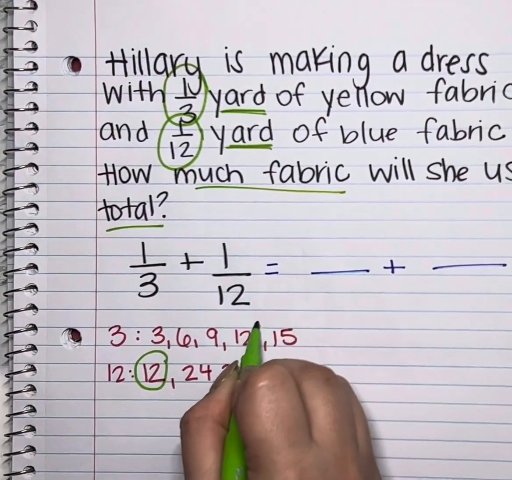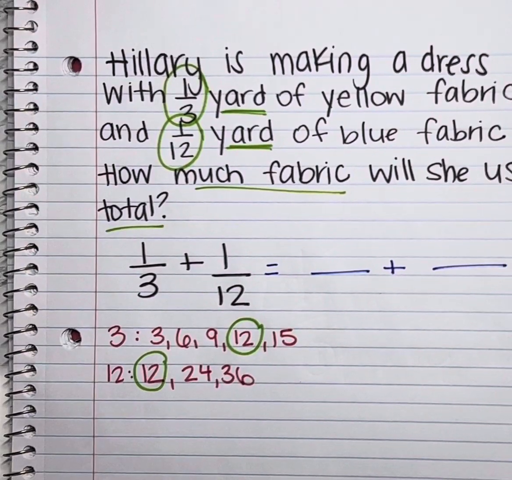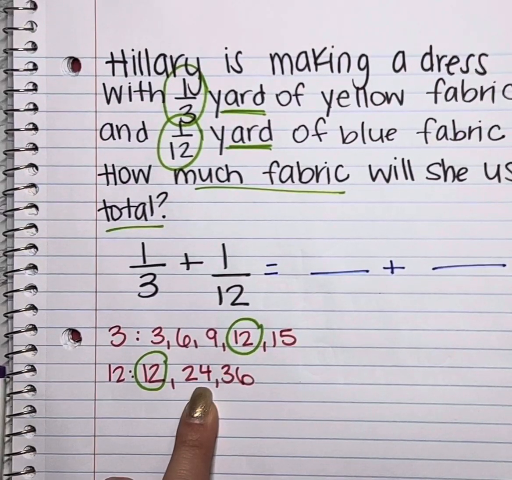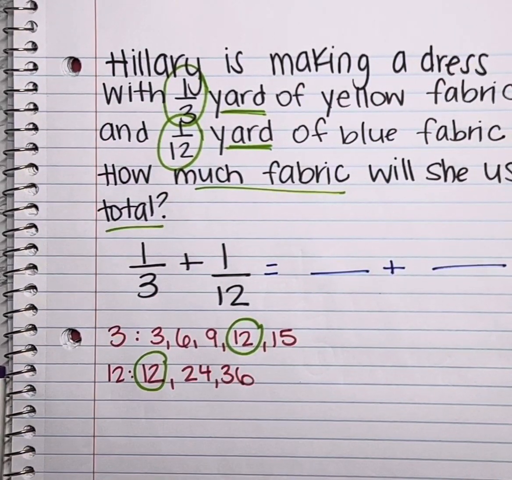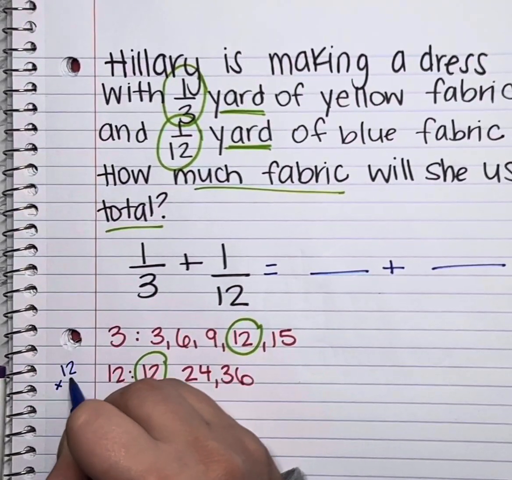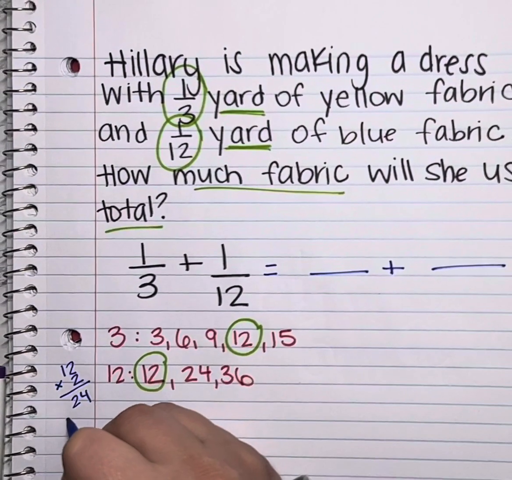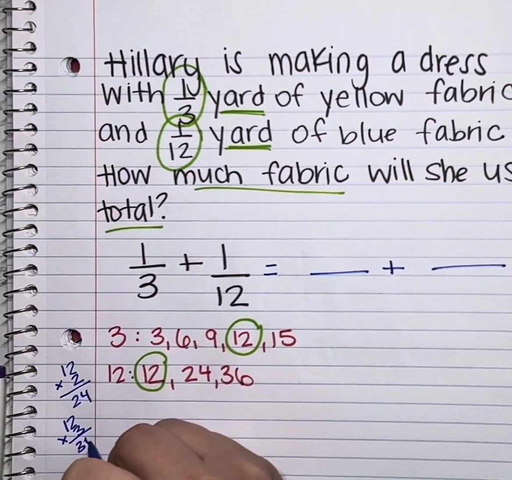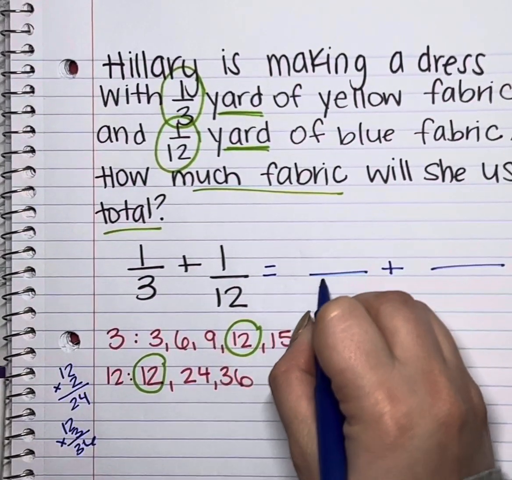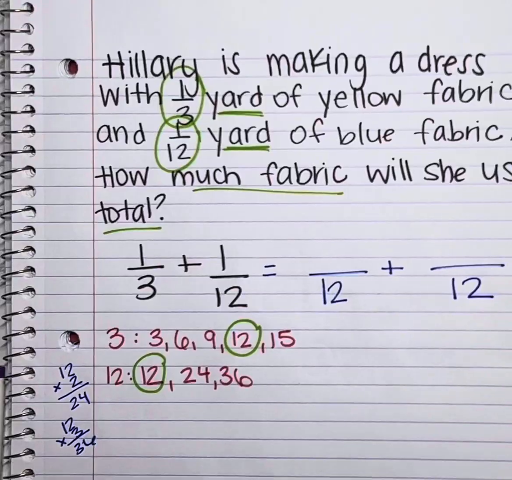Do we see 12 and 12 as the least common multiple? Hopefully we're recognizing that. You could have also done 12 times 1, 12 times 2, 12 times 3, and it's okay if you need to write it off to the side like this. I'm completely fine with that if you need to do that. Okay, so our least common denominator is 12.